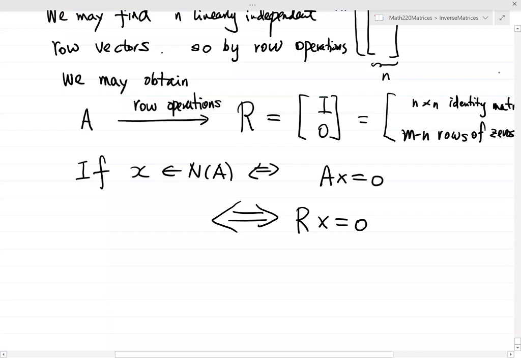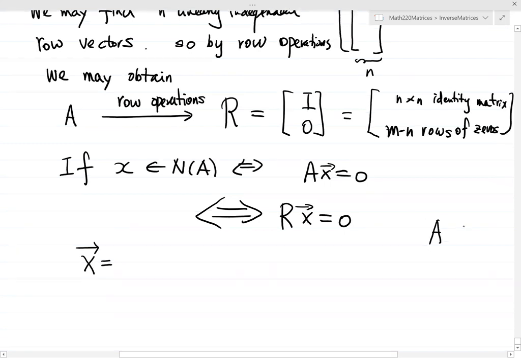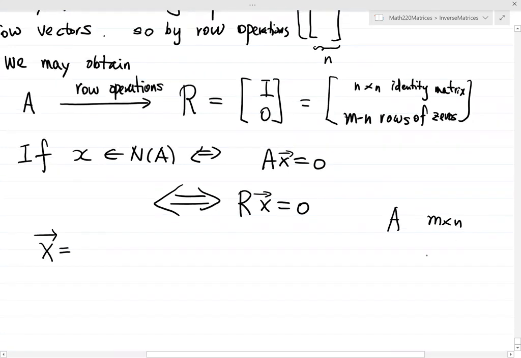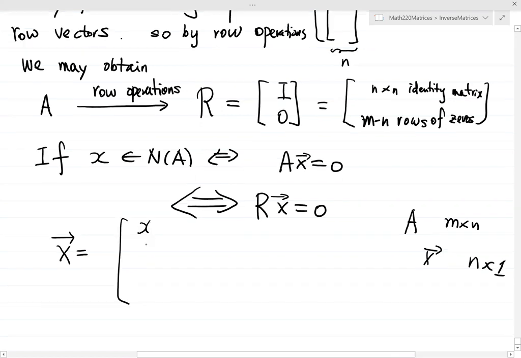So Rx being 0, if you write x as this vector. Remember A is m by n, with n columns. So x should be n times 1, n rows. So it should be this x1, x2, all the way to xn, this vector.